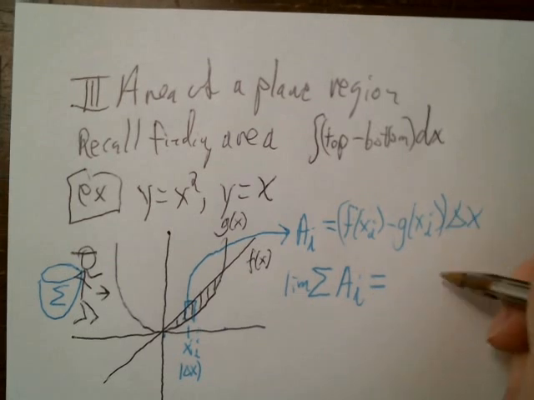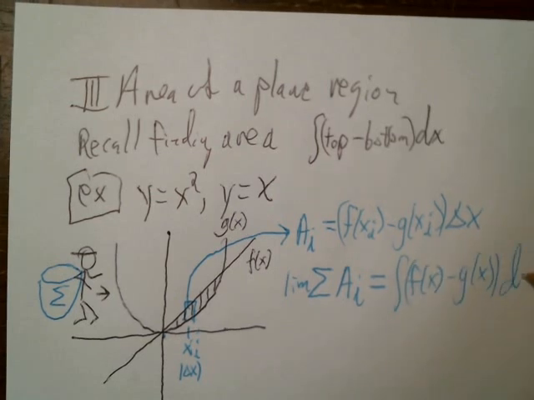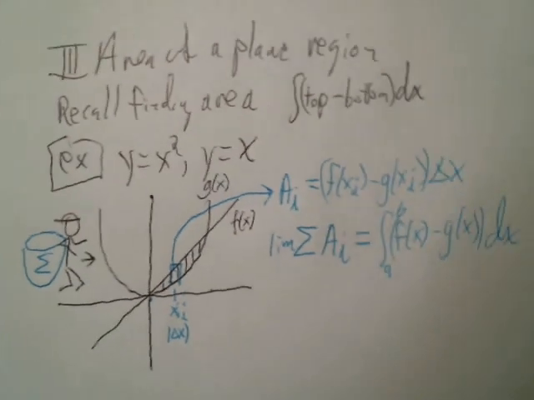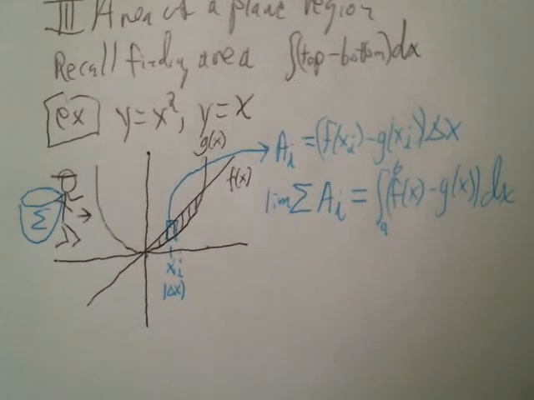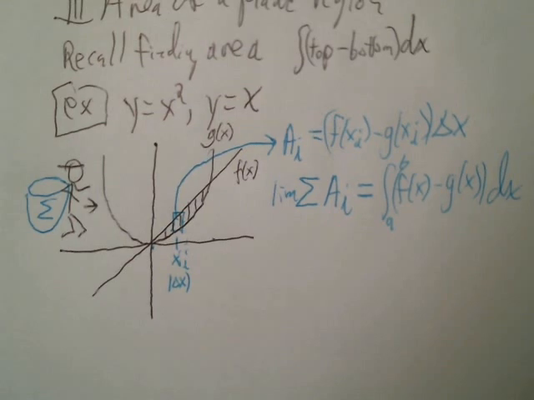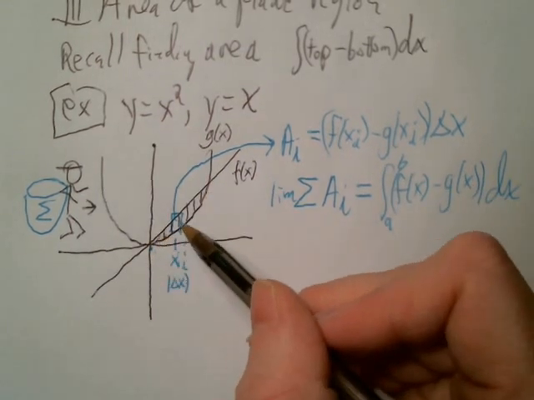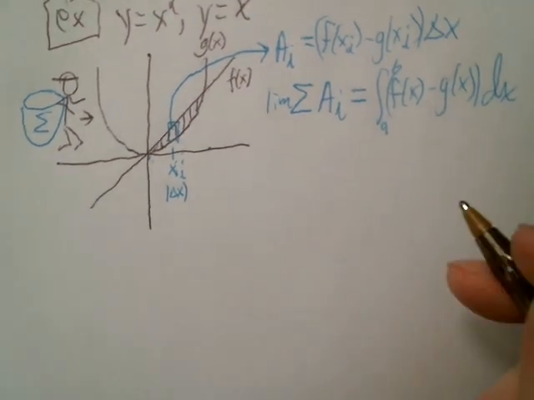So the limit of this thing is the integral of f of x minus g of x dx from a to b. Okay, so that's that problem sort of revisited. But it is the top curve minus the bottom curve in this orientation when he's running across this way.